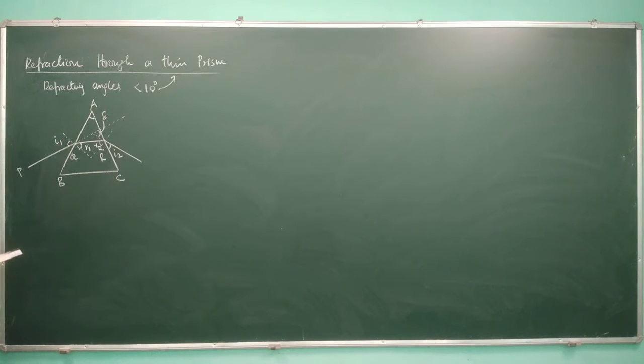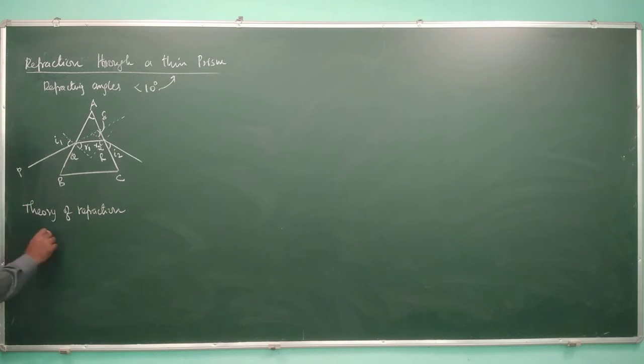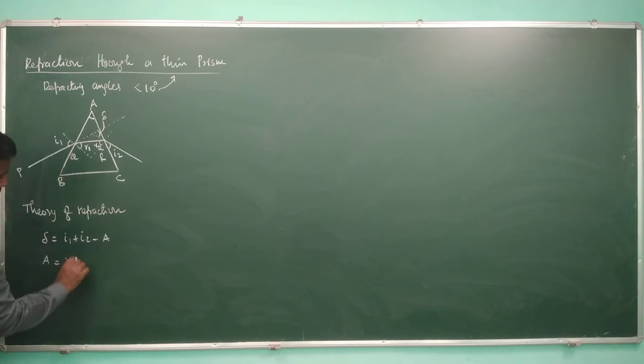Assuming this condition, from the theory of refraction we can write the angle of deviation as I1 plus I2 minus A, where A is the sum of R1 plus R2.